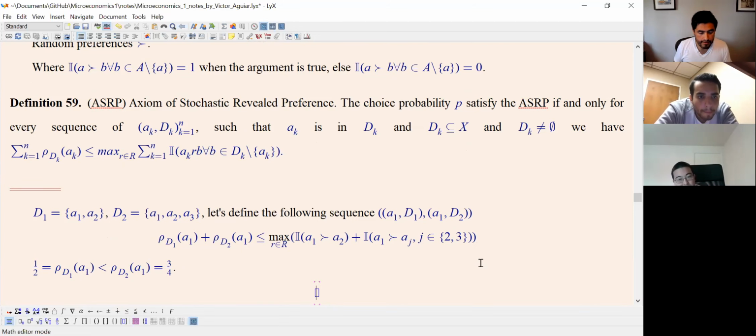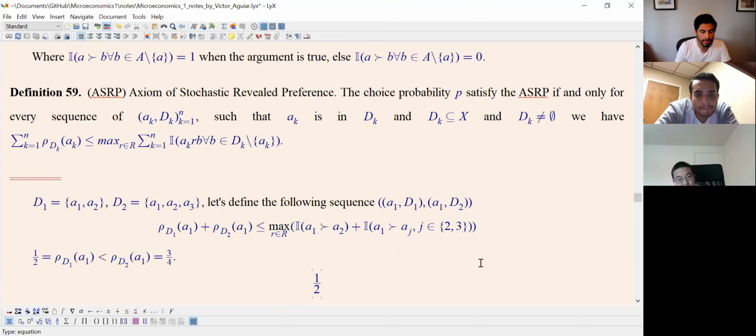Okay, so please do that. Let's plug in the numbers. This is 2 fourths plus 3 fourths, so we have 5 fourths. And now this is more than 1, right?